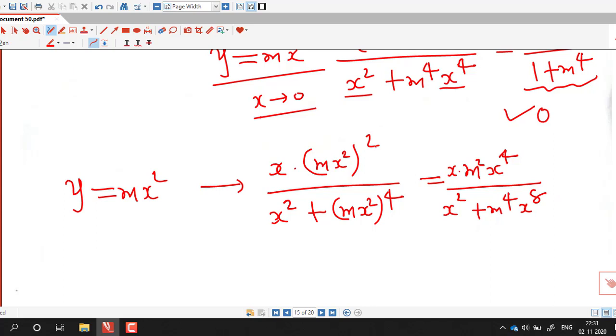This is m square x raised to 4 into x square plus m raised to 4 x raised to 8. But here also we are able to cancel out x square only. So here we will have m square x cube over 1 plus m raised to 4 into x raised to 6.